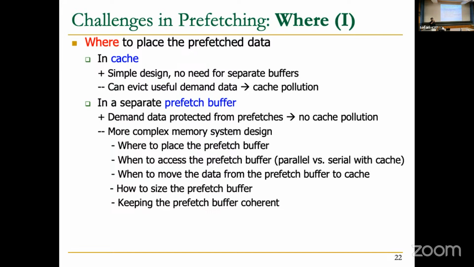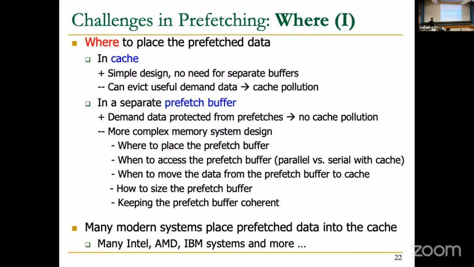When to access it? Traditionally, most of the processors that we see and use simply put prefetched data inside the cache. But there are legitimate design decisions that can have a separate prefetch buffer that we can use for putting the data.